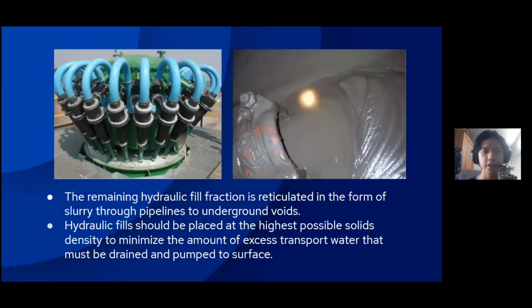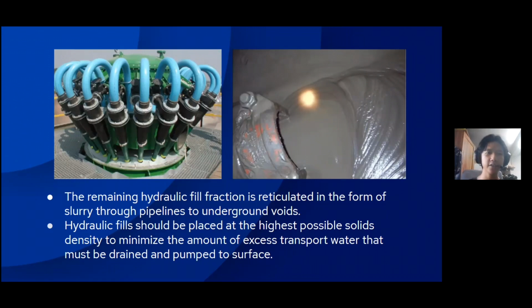So here is the example. As we can see on the right picture, the remaining hydraulic fill fraction is reticulated in the form of slurry through pipelines to underground voids. So the condition is very slurry. And for the left one, it's the hydraulic fill itself.